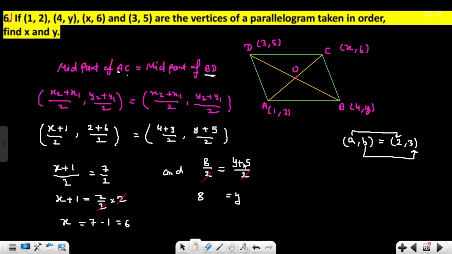Change the plus 5 side, minus 5, and the value of y is 3. So x value is 6 and y value is 3. Solved. Our target was to find the values of x and y, so we found them. Okay, I hope everyone understands.